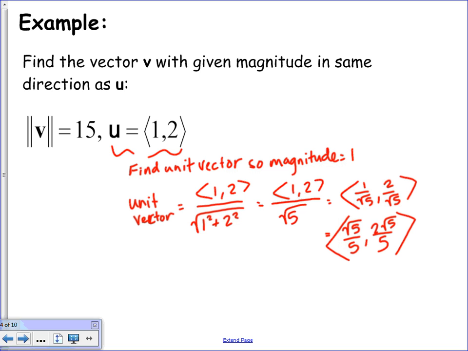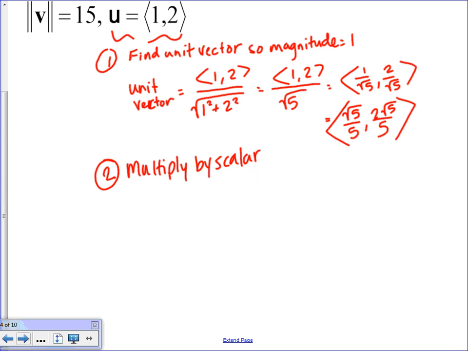Now I want to create the vector v that has a magnitude of 15. So I just use scalar multiplication, which is multiplying that vector by 15. So here's step 1, find the unit vector, so the magnitude is 1. Here's step 2, multiply by the scalar.